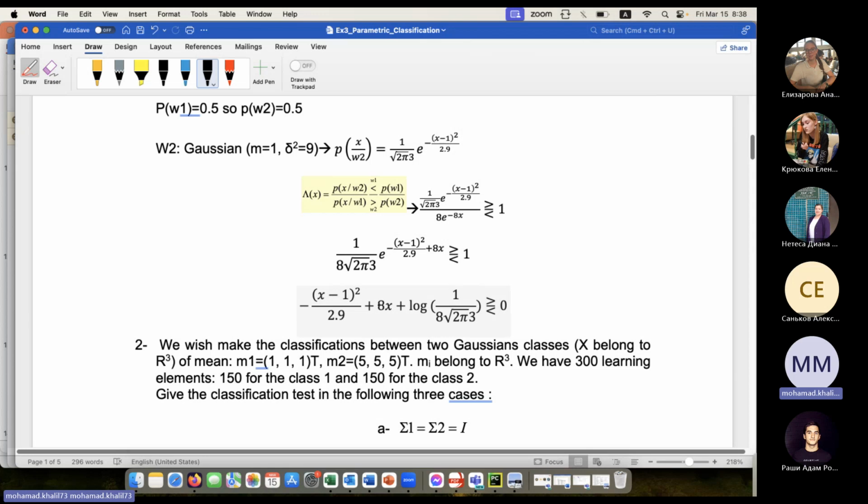So here you have the second equation, an equation with the second class. In the computer we can program this equation, and for any incoming x, if x minus 1 squared over all of this is less than 0, class 1, otherwise class 2.